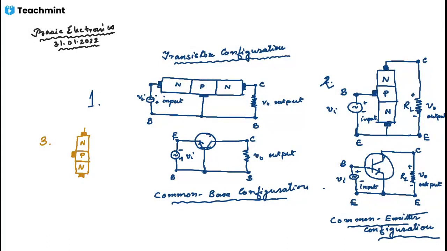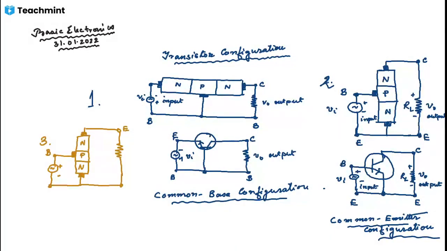So from here, we will take this as E. Now I will write: this is plus, this is minus, this is base.